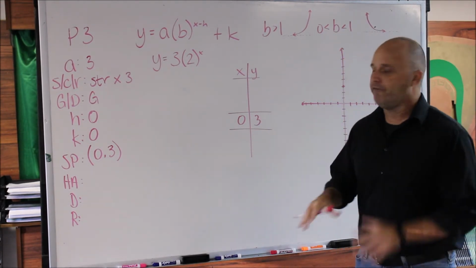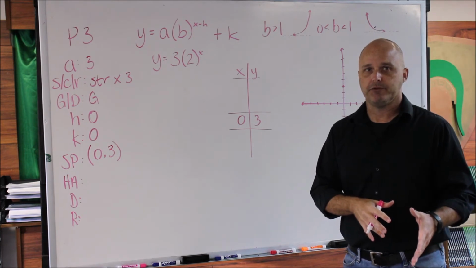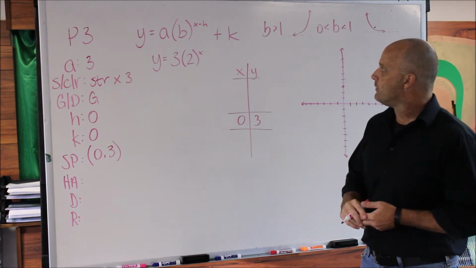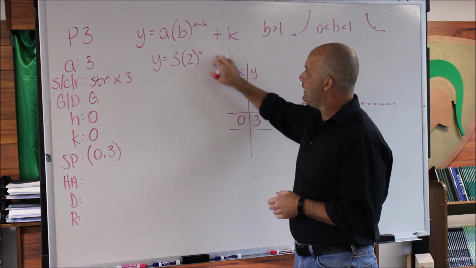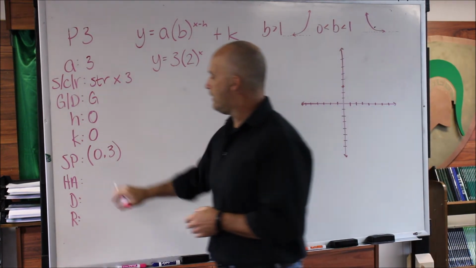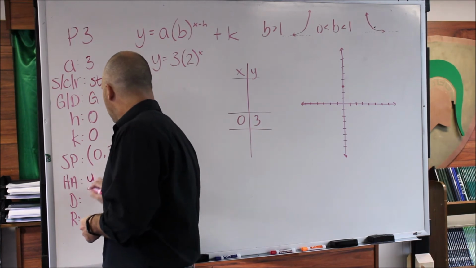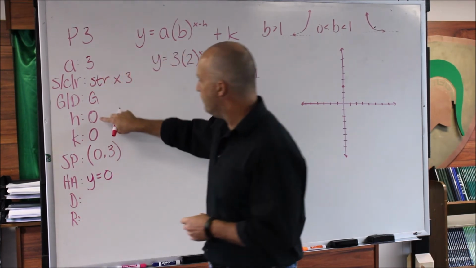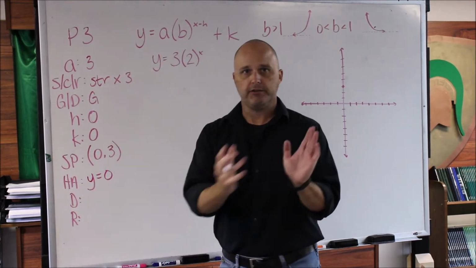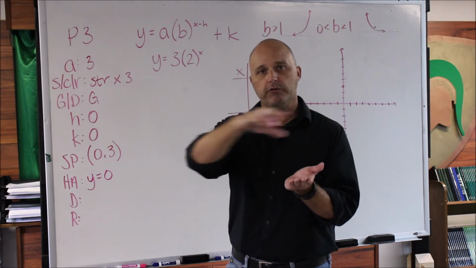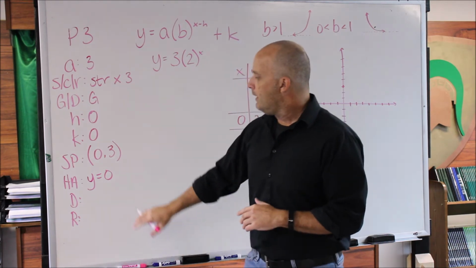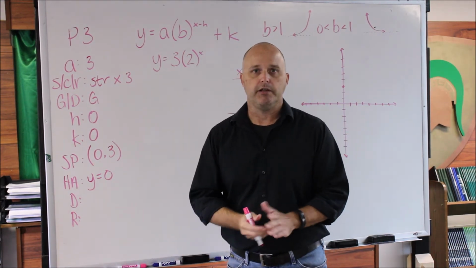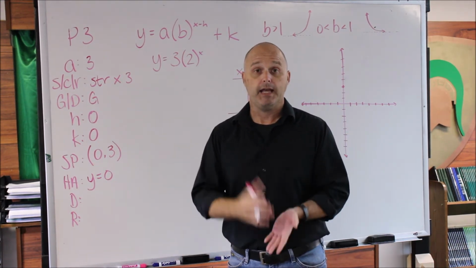So we need to figure out where's the horizontal asymptote going to be. The horizontal asymptote is going to be your k value. And now since we don't have a k value here, that means that our horizontal asymptote is going to be at y equals 0. So all it is, the horizontal asymptote, remember that anytime you have a horizontal line, it's always y equals a number. In this case, the horizontal asymptote is y equals the k value.